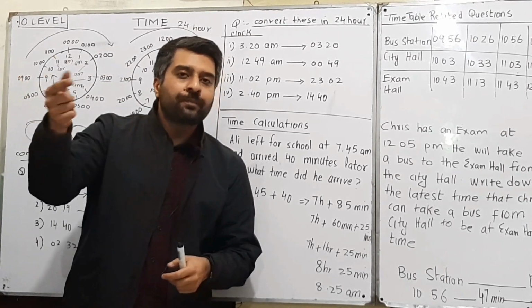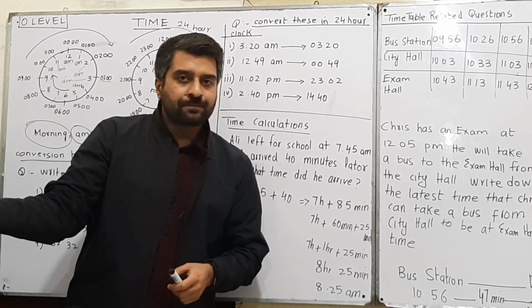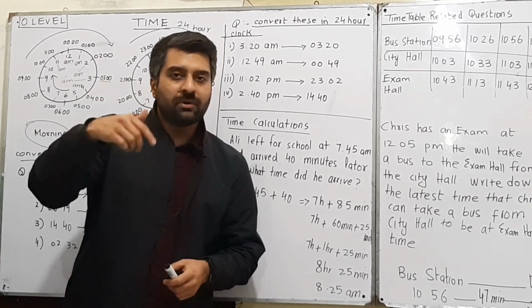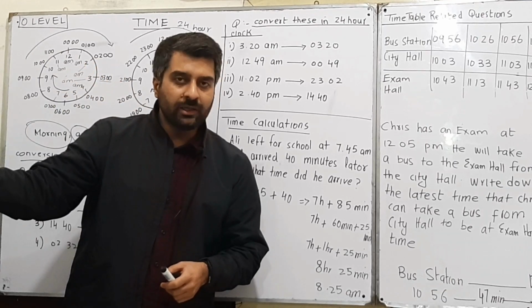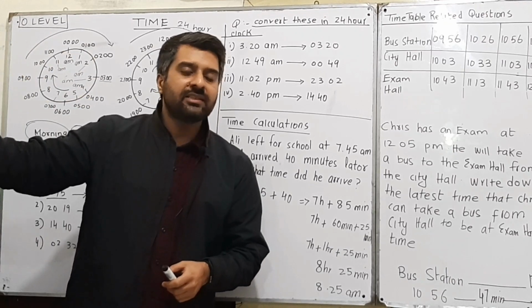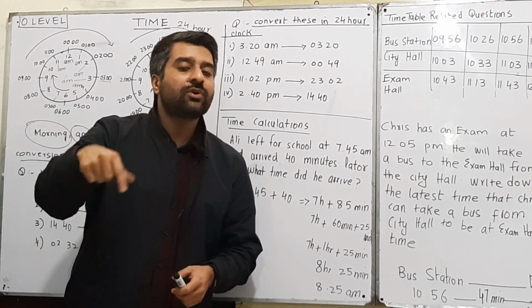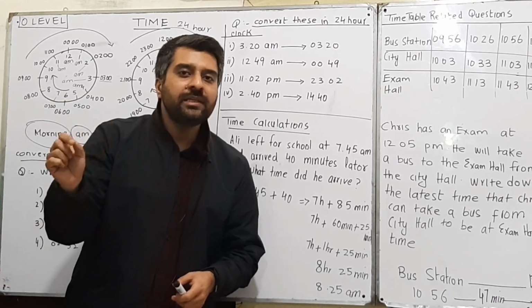After 12, in the 24-hour clock, it's afternoon time, and you increase your number from 12 to 13 for 1 PM, 14, 15. So 13, 14, 15, 16, 17, 18, 19, 20. These are numbers for the 24-hour clock, and they are for afternoon time. That is PM timings.